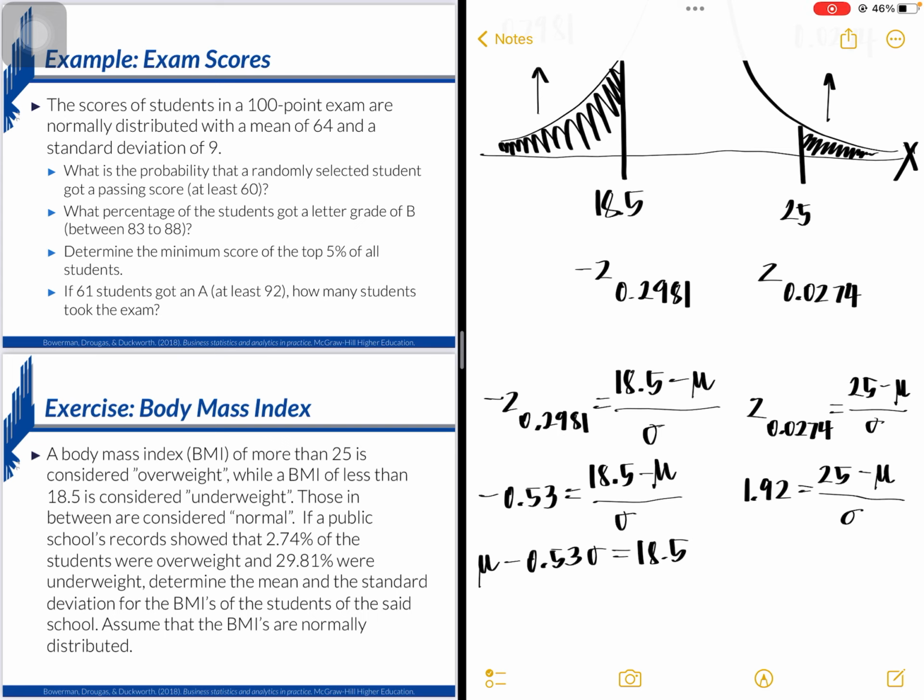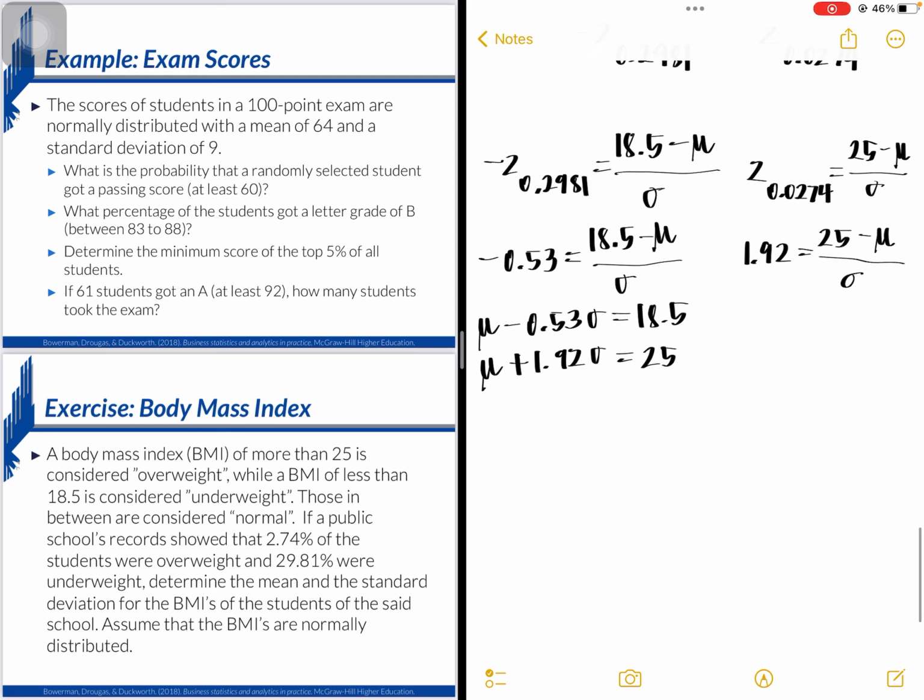Now for the second equation, that's mu plus 1.92 times sigma equal to 25. Now, at this point, I leave it up to you to solve for the values of mu and sigma using systems of equations. In order for me to arrive at the final answers, I'll use the equations mode in the calculator.